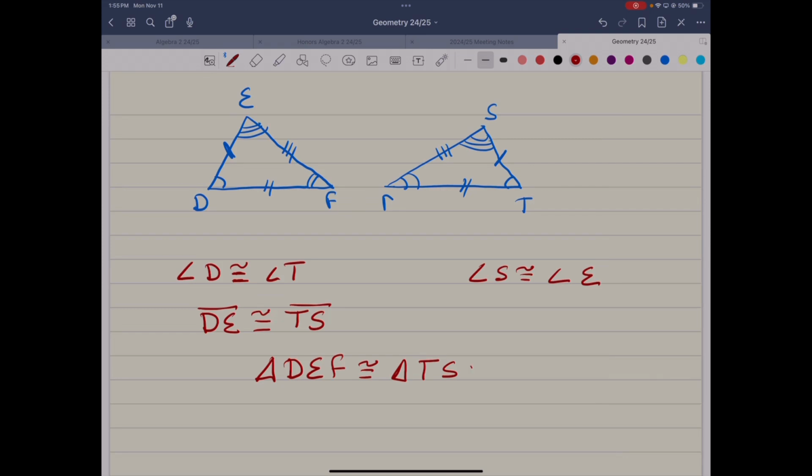S. And then R. Okay. Side SR is congruent to what? EF. SR is EF.